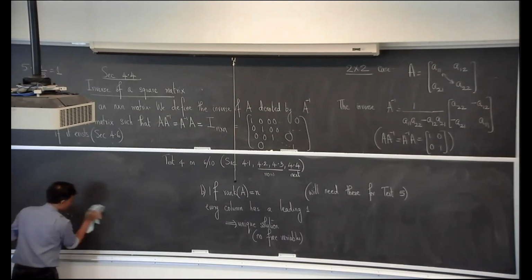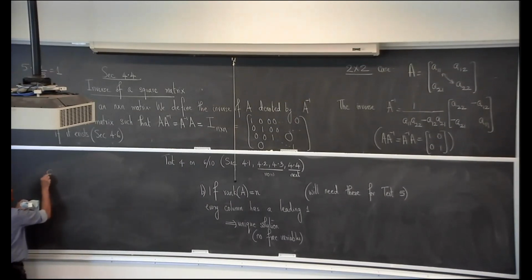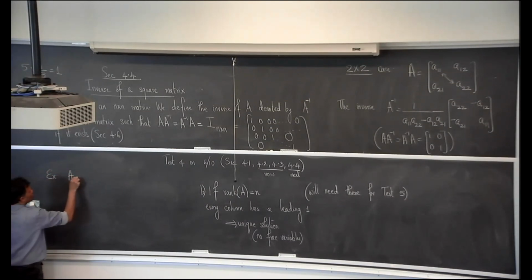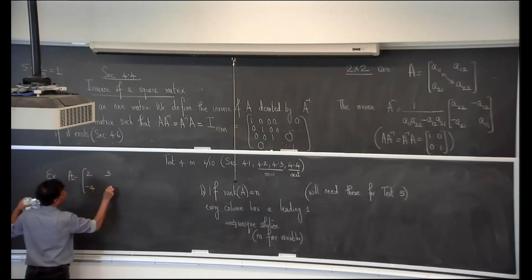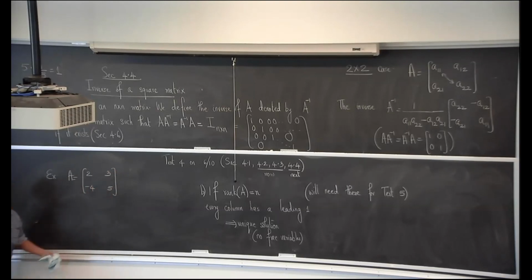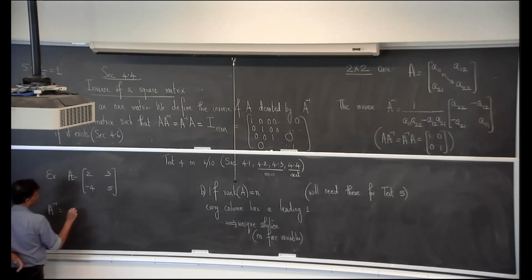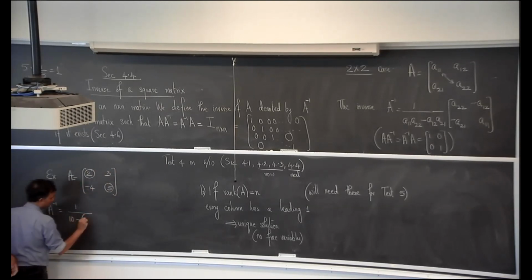So for example, if you have A equal to 2, 3, negative 4, 5, some 2 by 2 matrix, A inverse is 1 divided by 2 times 5 is 10, minus the product of those two, which is negative 12.